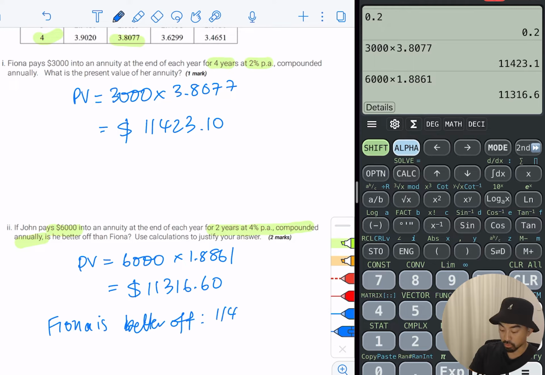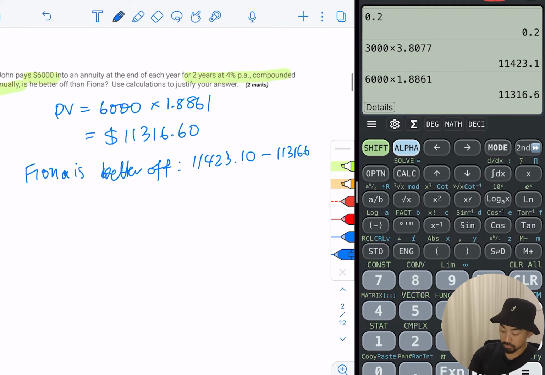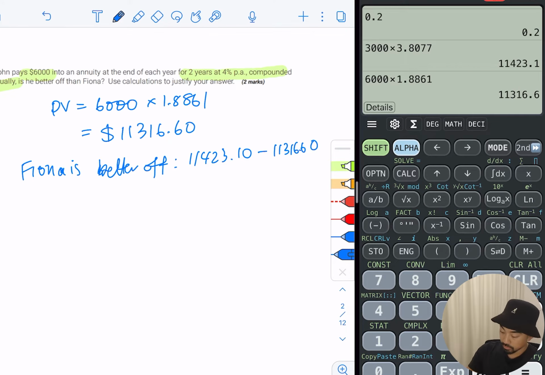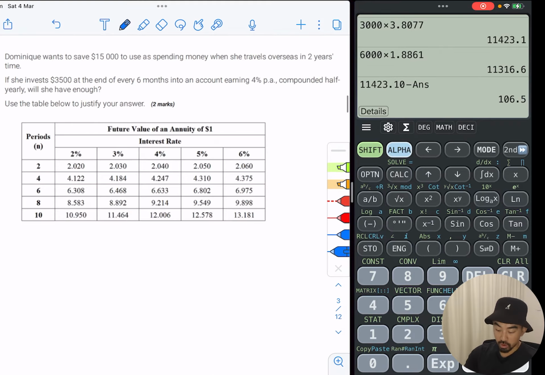So 11423.10 minus 11316.60. So Fiona is better off by $106.05. Okay. All right, question 4.